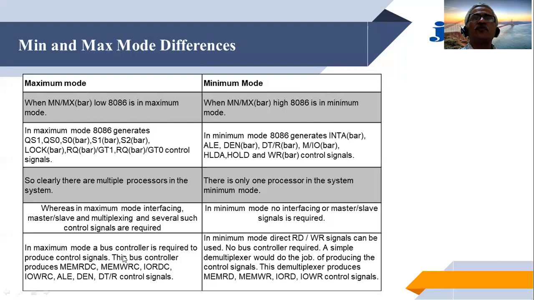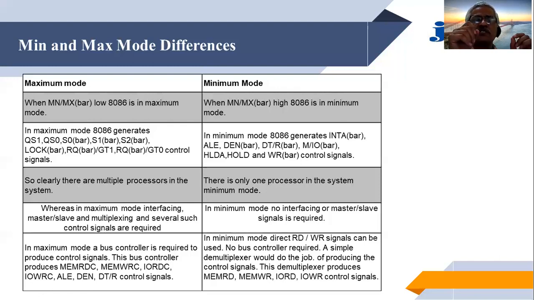Then in maximum mode, a bus controller is required, because the basic signals, which were the ALE, data enable, data transmit/receive, then INTA, etc., are all not functional in the maximum mode. There is no signal such as IO read, IO write; there are read bar and write bar in the case of the maximum mode of operation.